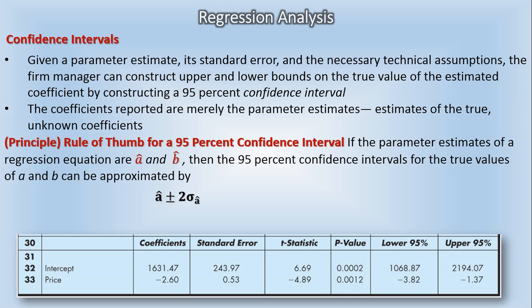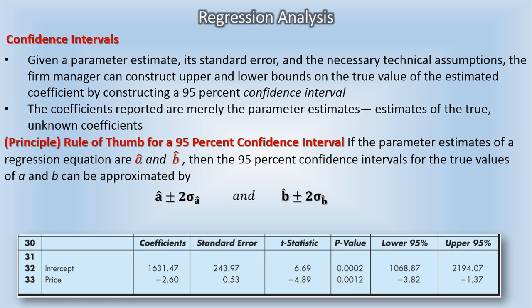So we are 95% confident that the actual value of this intercept that exists in the world beyond just our simple little data set is going to be somewhere between 1068.87 and 2194.07. So our confidence interval gives us that information, which we get from the regression diagnostic statistics, specifically the coefficient estimates and the standard error.